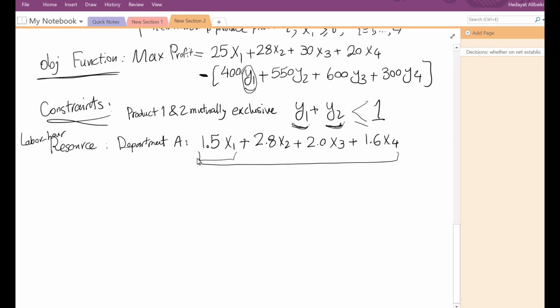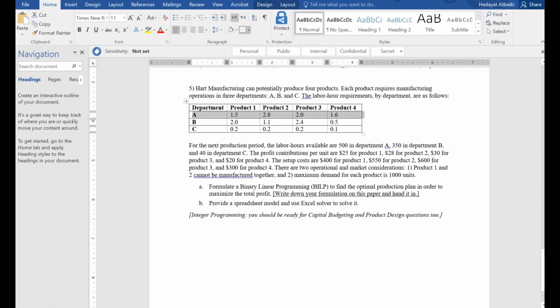This is the total hours of labor that is needed from department A, and this cannot be greater than 500. So this has to be less than or equal to 500, the labor hours available in department A.